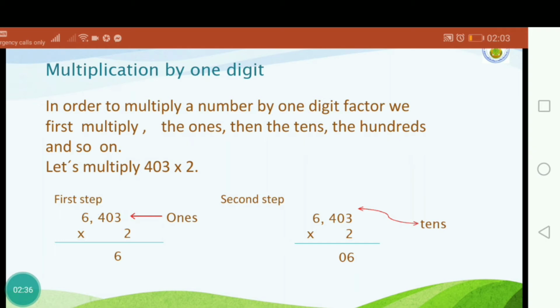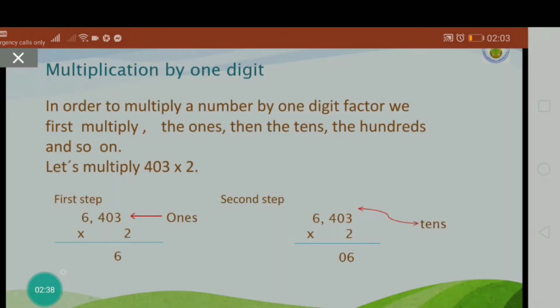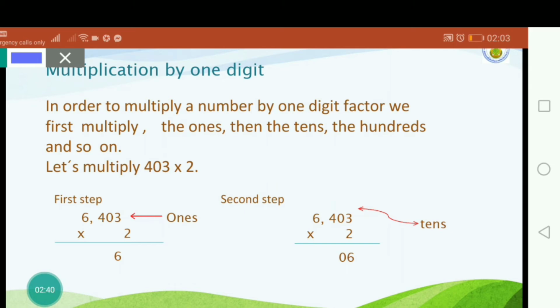So we're going to multiply first the ones place value, and that is 3 times 2. 3 times 2 is equal to 6. Second step is the tens place, and our tens place is 0. So 0 times 2 is equal to 0.